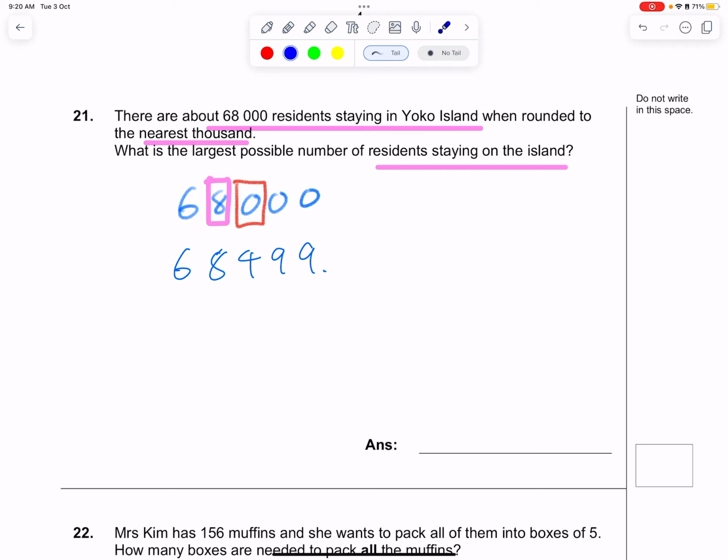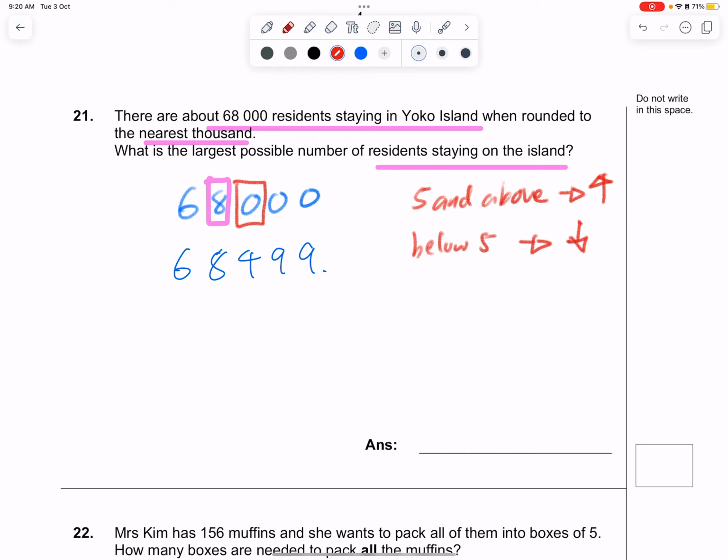Anything that is 5 and above, we round up. Okay, 5 and above, we go up. Anything that is 4 and below, or below 5, to make things a little bit more straightforward, we round down.